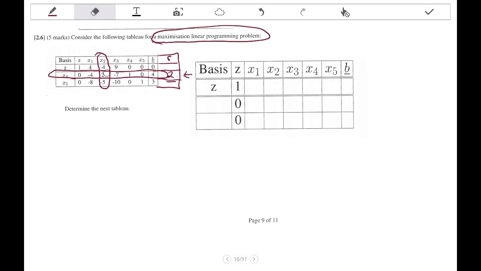What you have to achieve is to make this 2 a 1, then make this -5 a 0, and then make this -4 a 0.